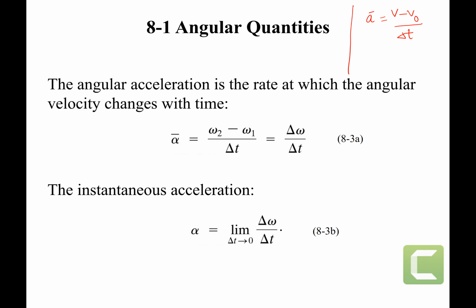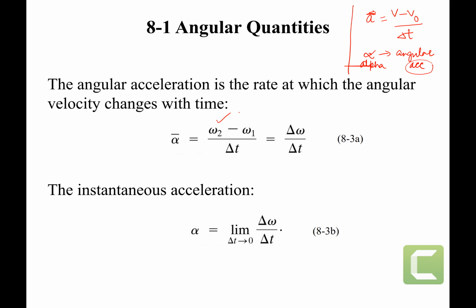Similarly, if a is the linear acceleration, I cannot use a for the angular acceleration. So we have a new term alpha, which is also a Greek letter and is called angular acceleration. The basic definition of acceleration is not changing.